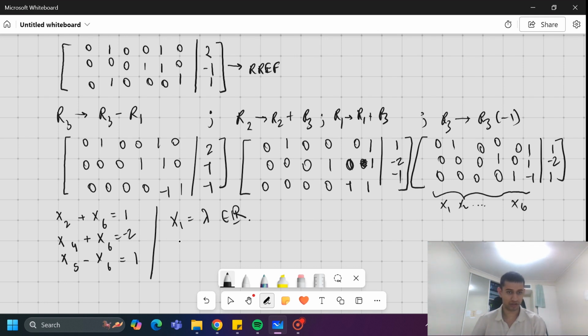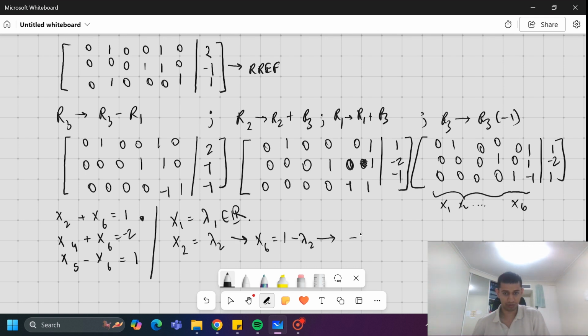And once you have x1, can we relate this to anything else? No. Okay, then let's assume an x2. Let this be lambda 2. So then this will be lambda 1. If we have this, then x6 becomes 1 minus lambda 2 from this equation. And using this, we can find x4. So x4 is minus 2 minus x6.